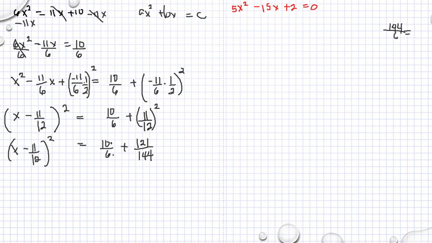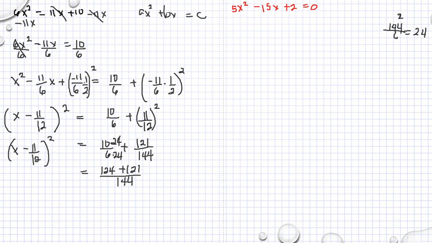We have 24. Yeah, 24. So multiplied by 24, multiplied by 24. Then we have 124 plus 121 over 144.